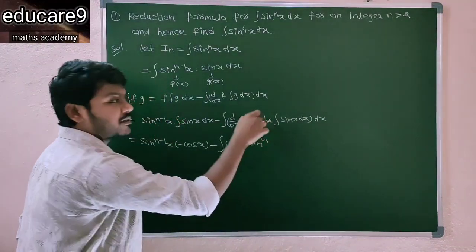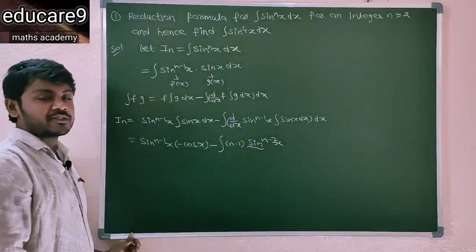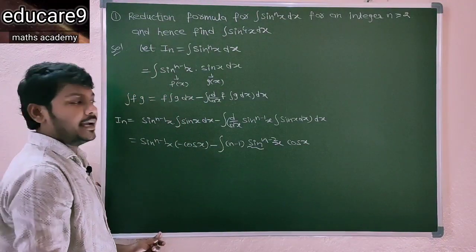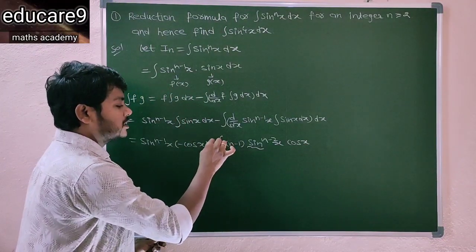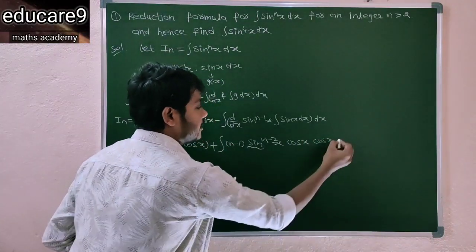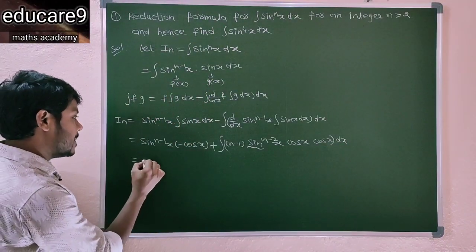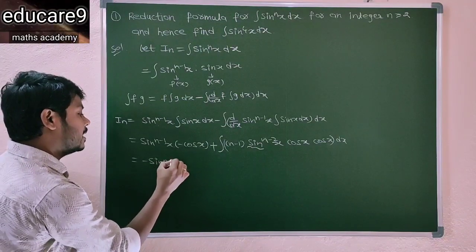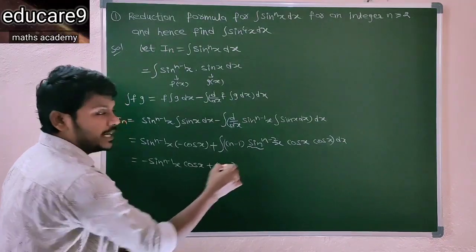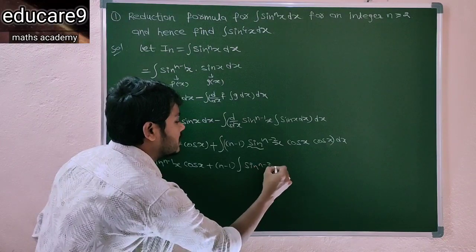We will get n minus 1 minus 1 is n minus 2x and internal derivative of sin x, cos x, into integration of sin x, minus cos x. So we will get here minus into minus plus cos x dx. So now this is minus sin power n minus 1x cos x plus n minus 1 into integration of sin power n minus 2x.